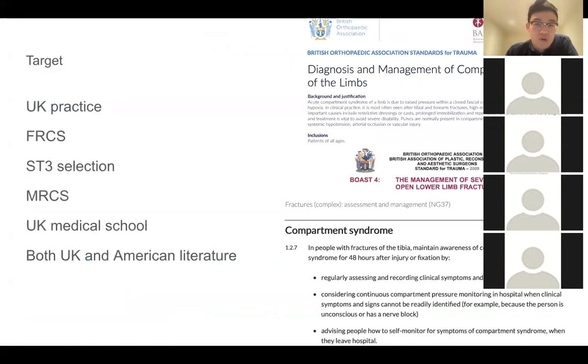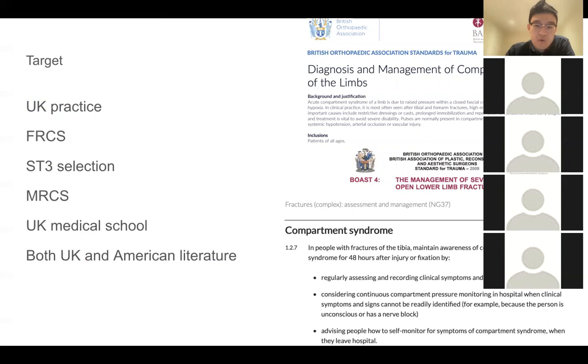So a bit of this talk surrounds the British Orthopaedic Association Standards for Trauma. For core trainees coming up to the interview, this is the document you need to know. It was updated from 2006 to 2014.